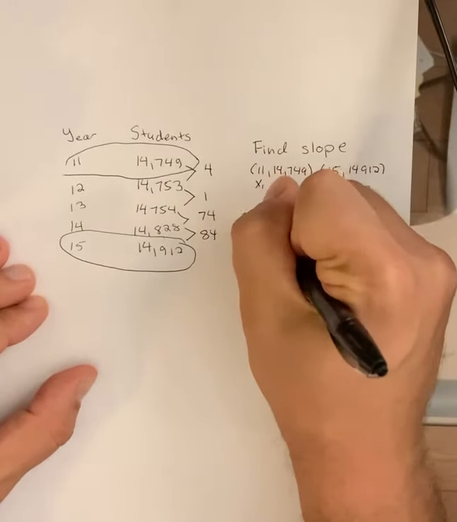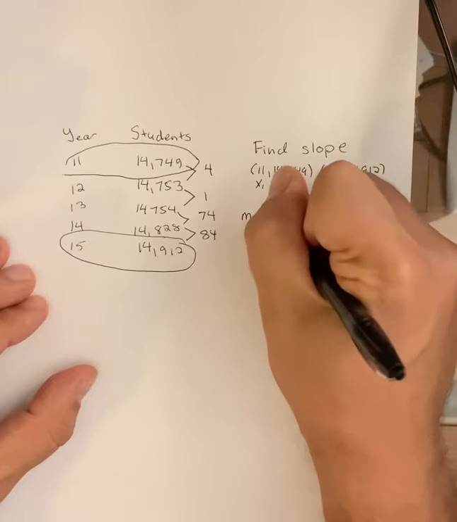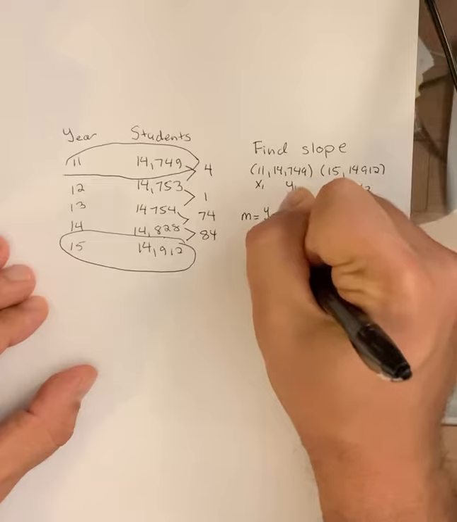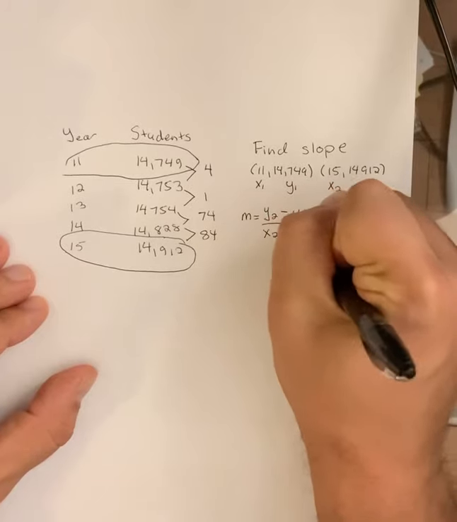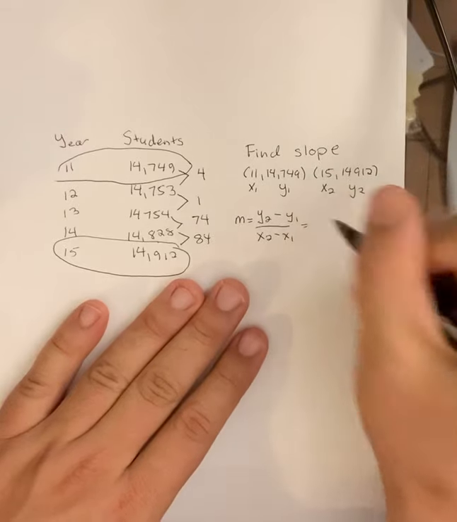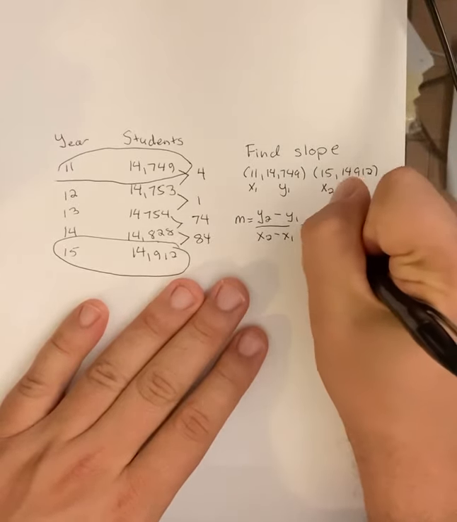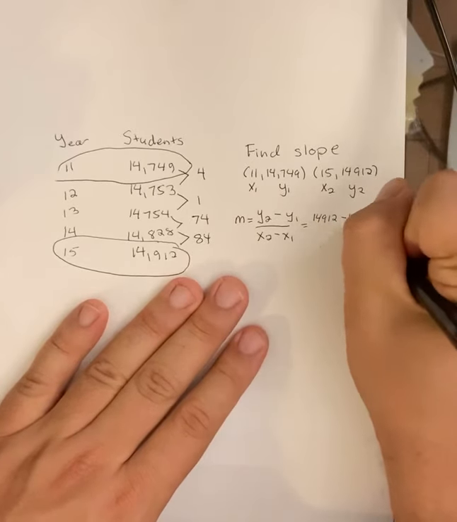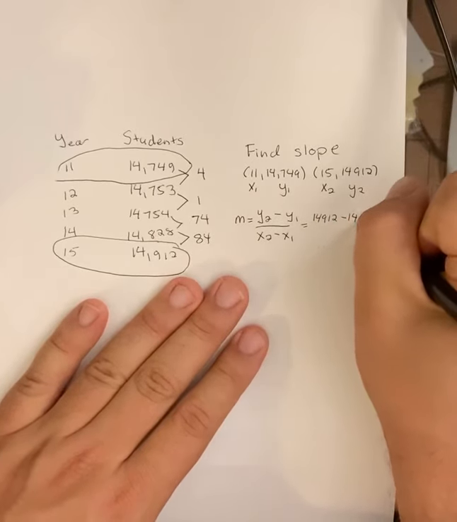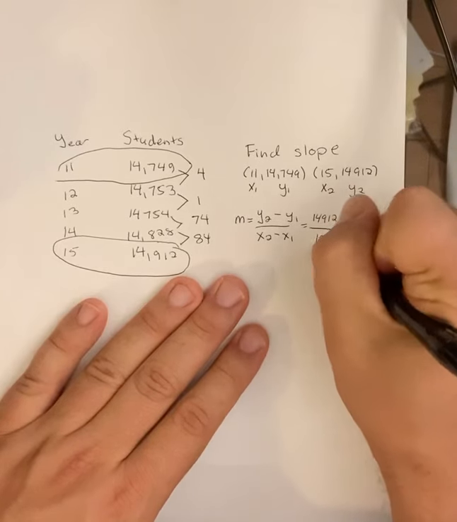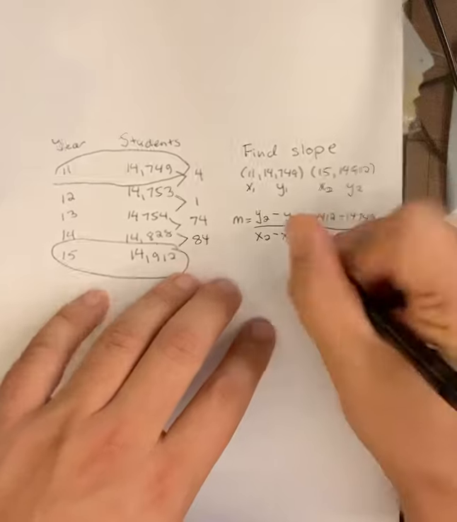So to find the slope, we use the slope formula, y2 minus y1 over x2 minus x1. Or in our case, y2, 14,912 minus 14,749 over 15 minus 11.